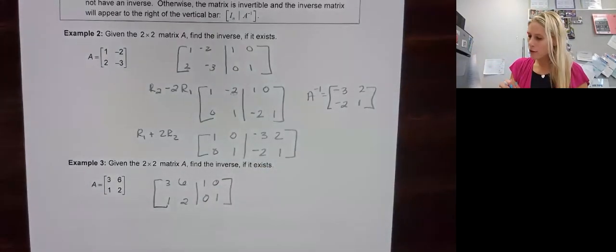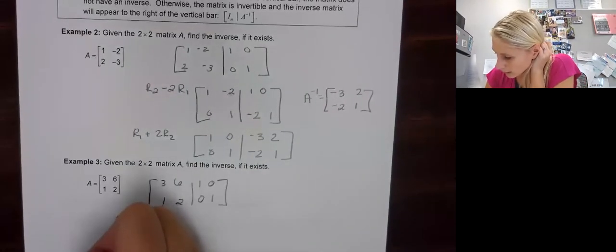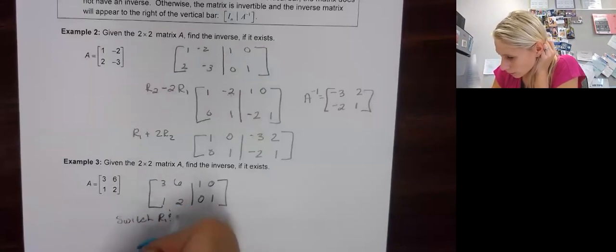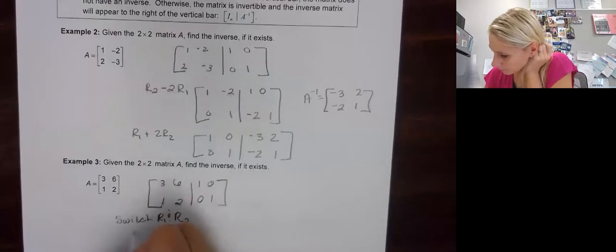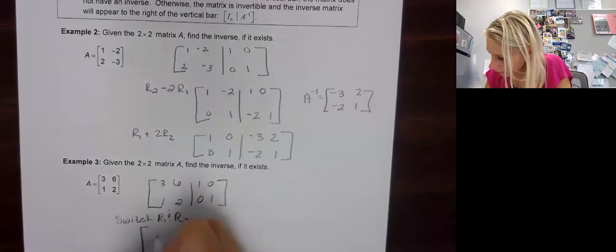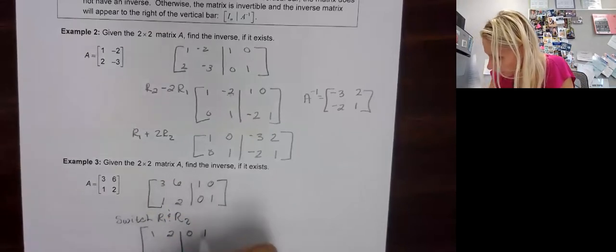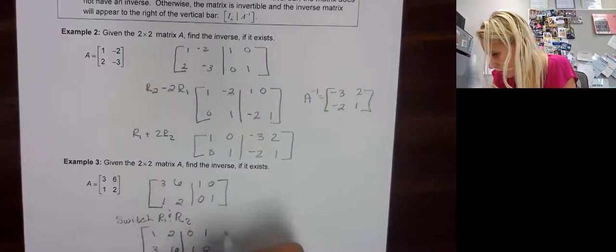All right, so first thing I'm going to do is switch row 1 and row 2, because I like that 1, but I like it up there. So 1, 2, 0, 1, 3, 6, 1, 0.